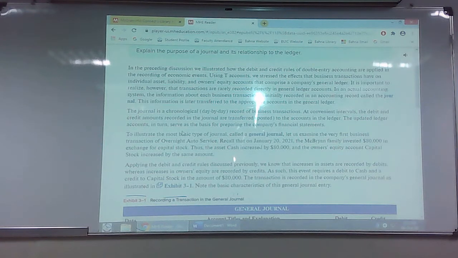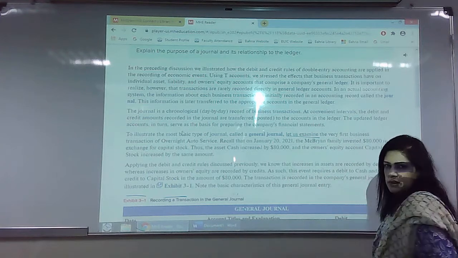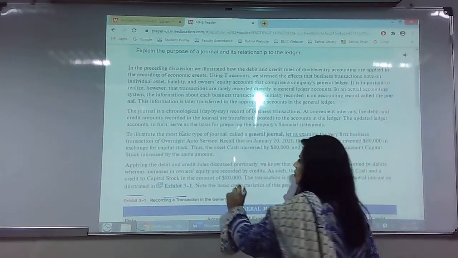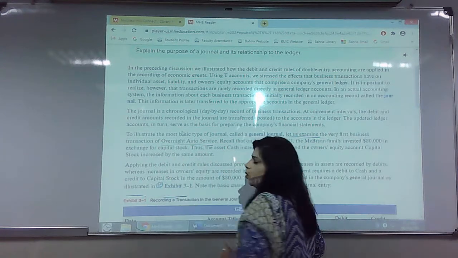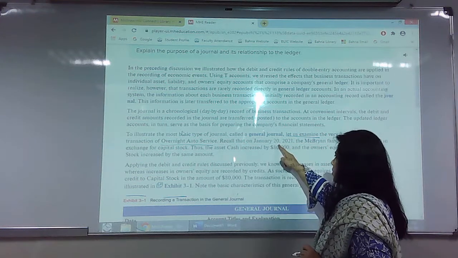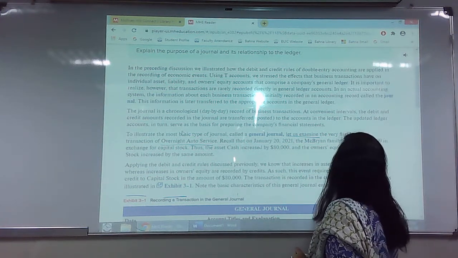Let us examine the very first business transaction of Overnight Auto Service. This is the company, Overnight Auto Service. And recall that on January 20th, 2021, the McBride family invested 80,000.